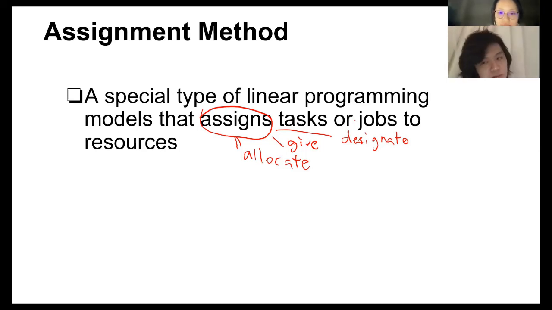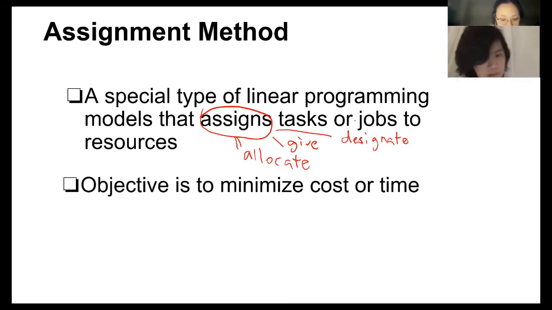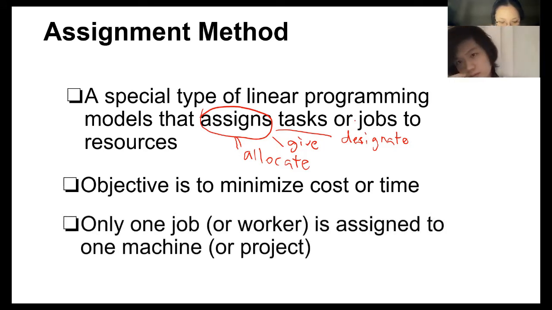So it is how we are going to allocate jobs, but the objective is to minimize cost or time. So we want to allocate, but we want to minimize. And in the assignment method, only one job is assigned to only one machine or project. So it is one job to one worker, not one job to 10 machines.